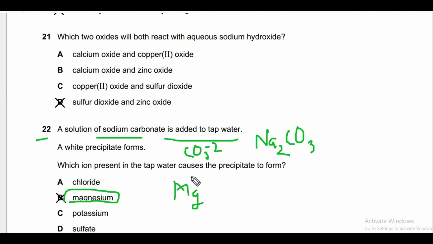Magnesium ion reacts with carbonate ion to produce magnesium carbonate. Magnesium carbonate is a white precipitate, so the answer will be magnesium. Chloride no precipitate, potassium no precipitate, sulfate no precipitate. So B is the right answer.